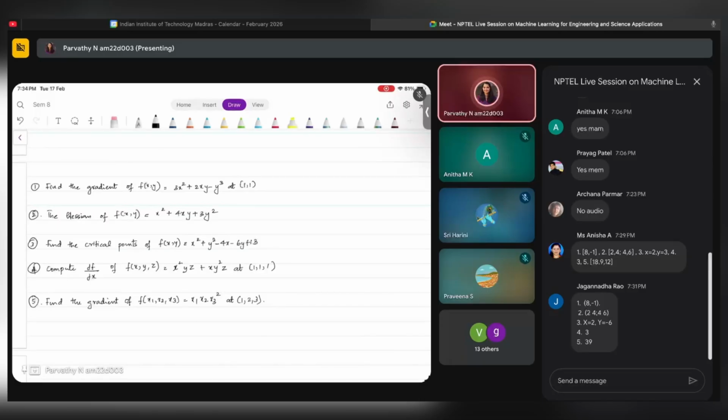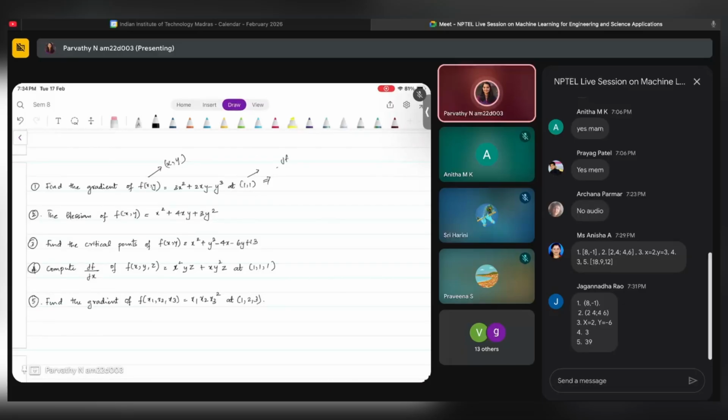So the question is, find the gradient of f of x comma y. f is a function of two variables x comma y, and this function is given, and what is the gradient at the point 1 comma 1? So how do we do this? We take the partial derivative, because it's a function of two variables x and y.